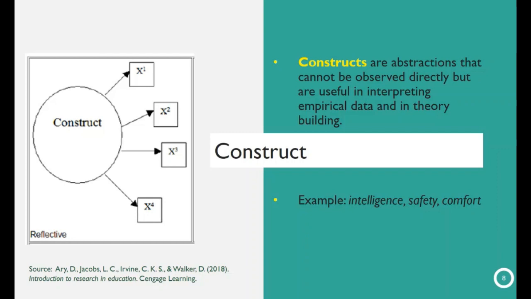So intelligence cannot be directly measured, right? So they use some items in order to measure that specific construct. Those items you can find in your questionnaire, right? Let's say you are going to measure safety.